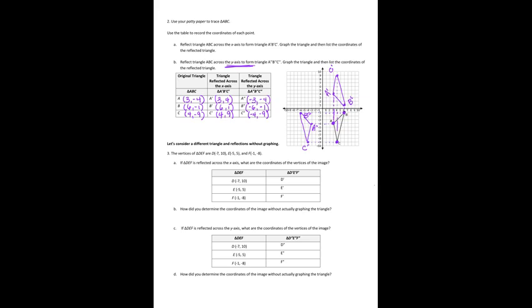Now we always compare to the original, and we can see that on triangle ABC right here, x was 3, now it's the opposite, but y stayed the same. 6 was our original x, we now have -6, so it's the opposite of x, but y stayed the same. And on our last point, 4 and -9, we have the opposite of x, but y stayed the same.